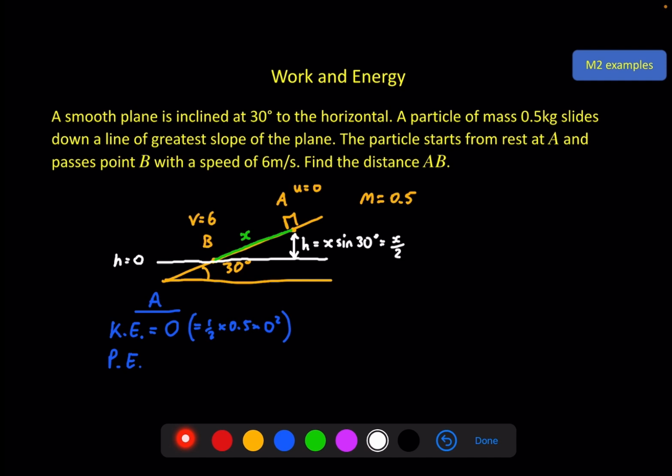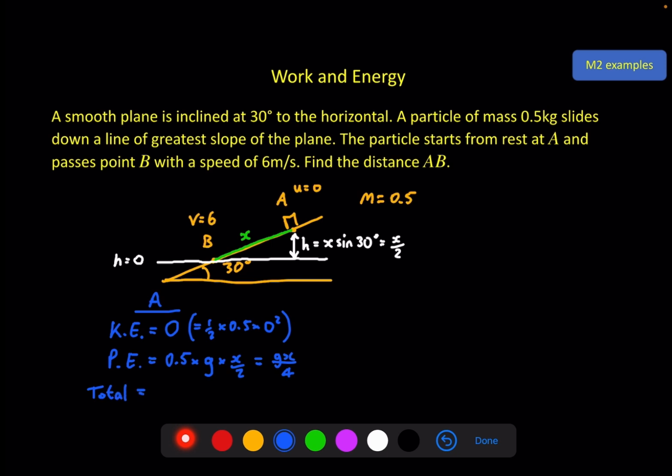So the potential energy at A compared with the zero level is equal to the mass, 0.5, times g, which I will leave as g for now, because I don't know what x is yet, so I'm not going to be able to get a final numerical answer out of this, times x over 2, and that gives me gx over 4.